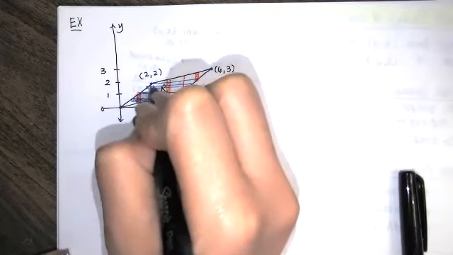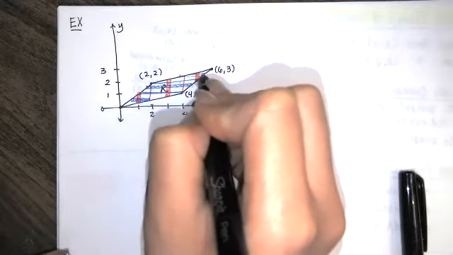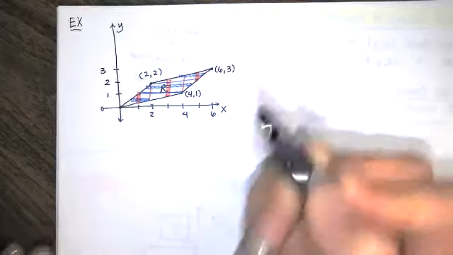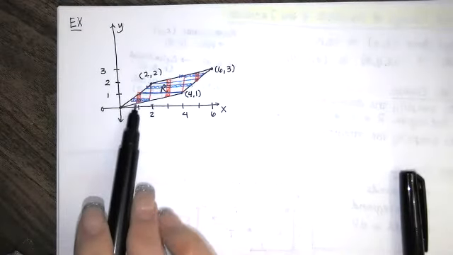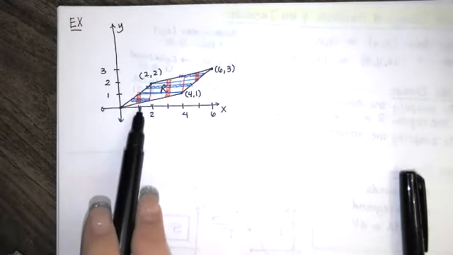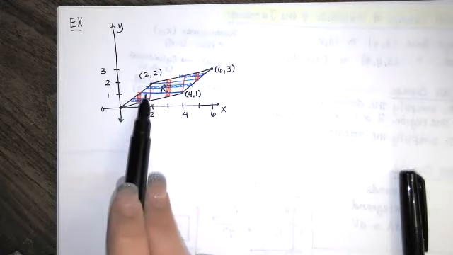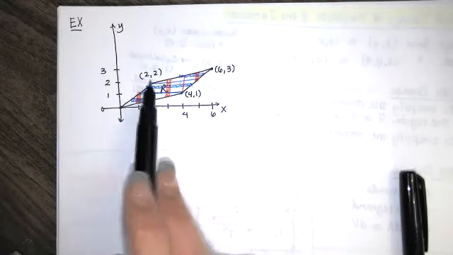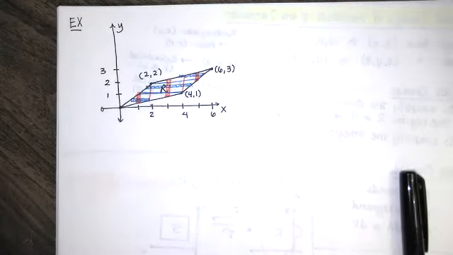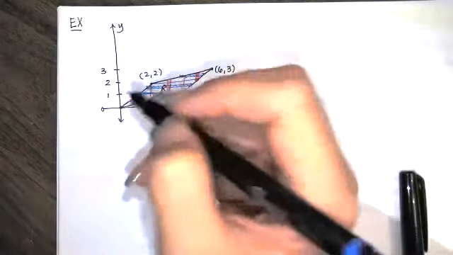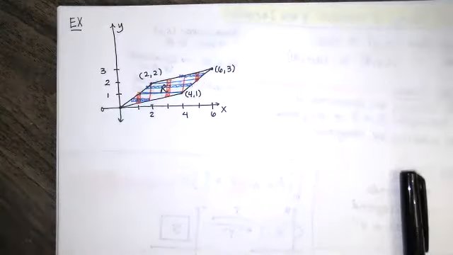And then when I get to y equals 2, the left function switches from this line to that line. See, what a pain. I'd have an integral with respect to x first and then y for y between 0 and 1. And then a different double integral for y between 1 and 2, and a different double integral for y between 2 and 3. So the way it's sketched right now, this is a pain. I wouldn't want to have to integrate with respect to x or y.